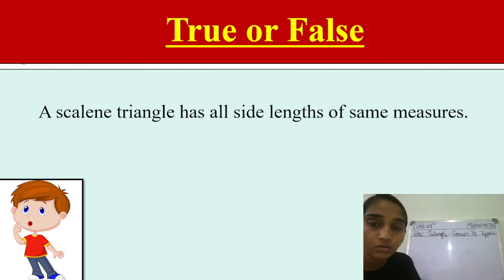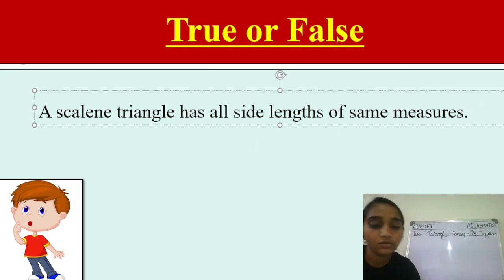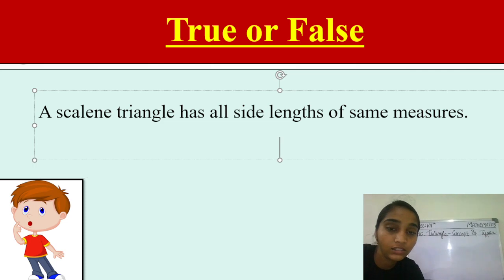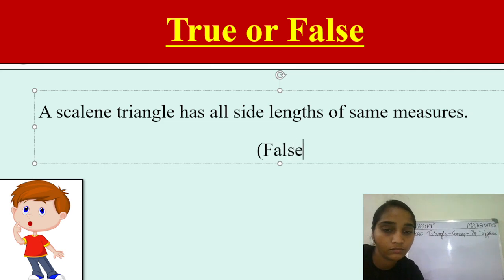Very good, students. You are all correct that a scalene triangle is not a triangle which has all sides of the same measure. Rather, it is a false statement. All the sides are different in a scalene triangle, right? So this is false.